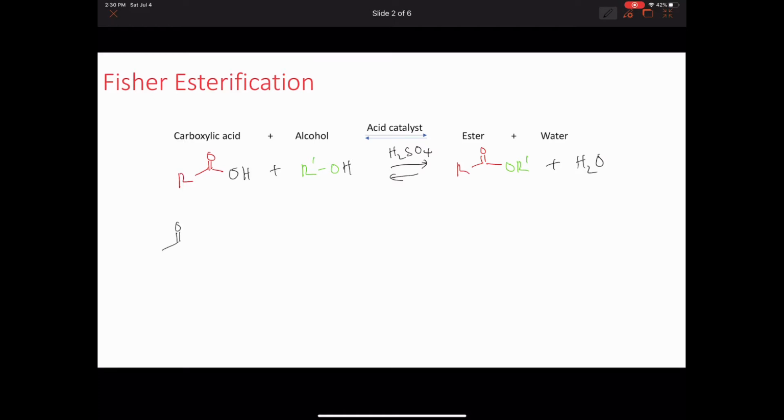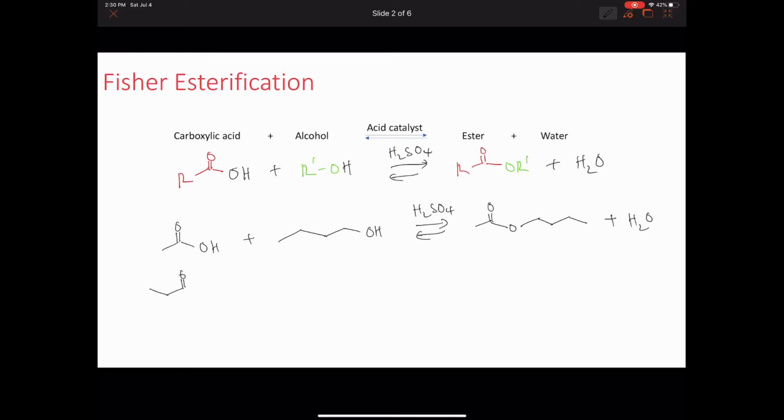For the reaction today, the first one, we have acetic acid react with butanol. In the presence of the sulfuric acid as a catalyst, we form butyl acetate as the ester, the main product, and water as a byproduct.